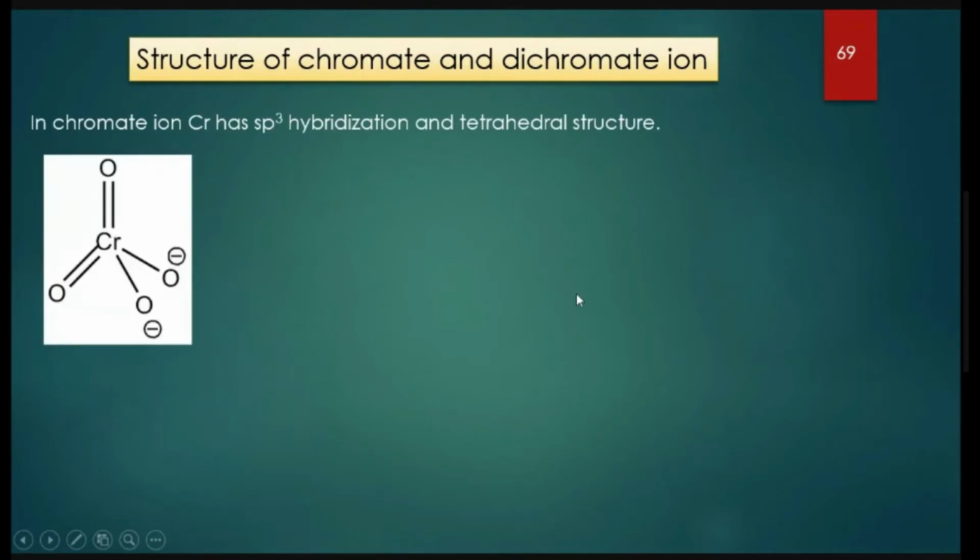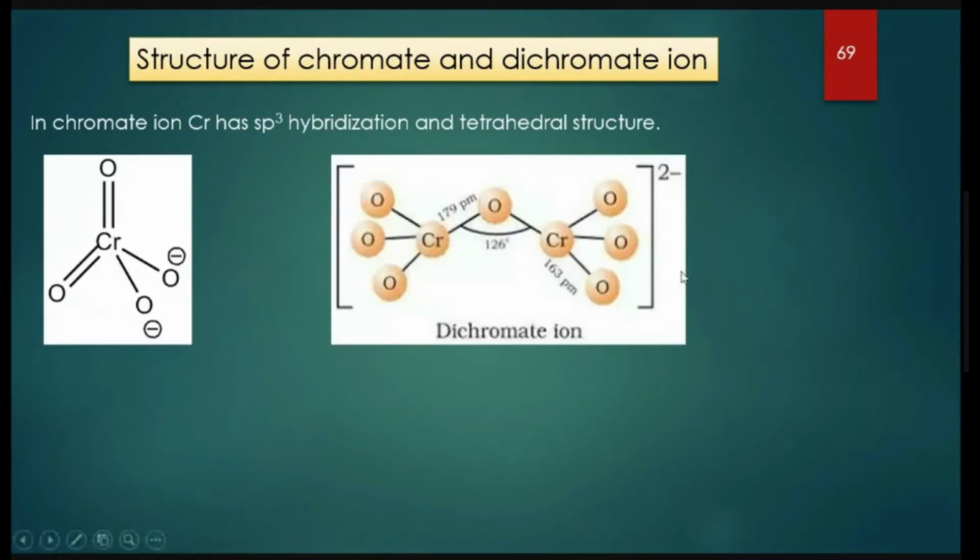There are two structures: one is the chromate ion, CrO4 2 minus, and the other is the dichromate ion, Cr2O7 2 minus. Here we are going to find the structural difference between these two ions.